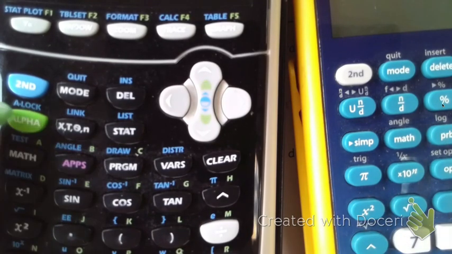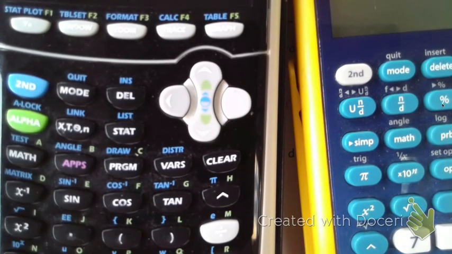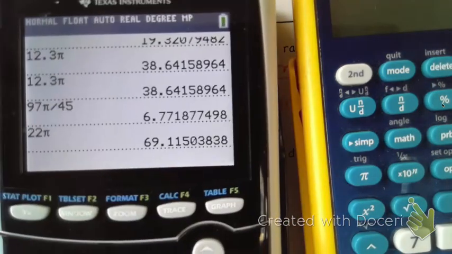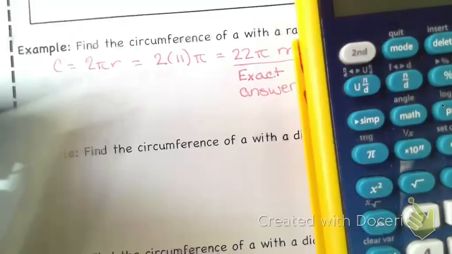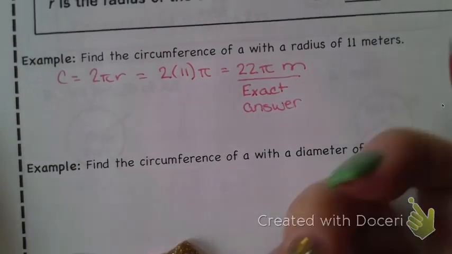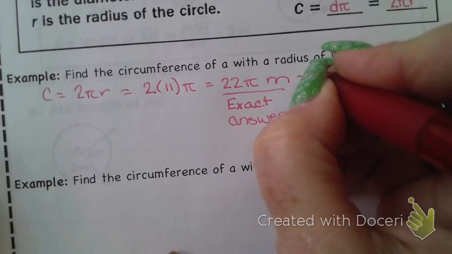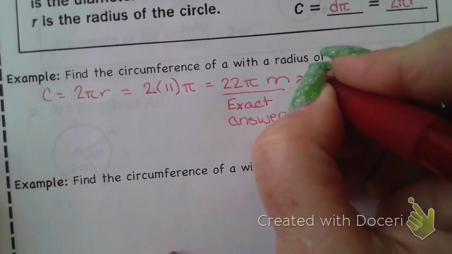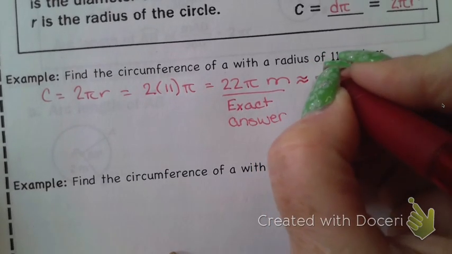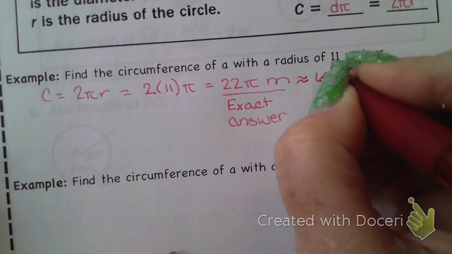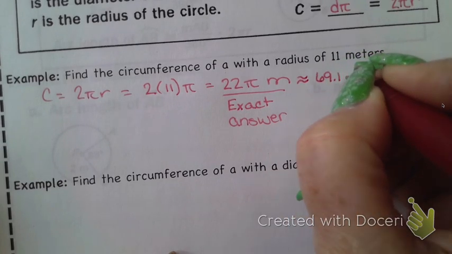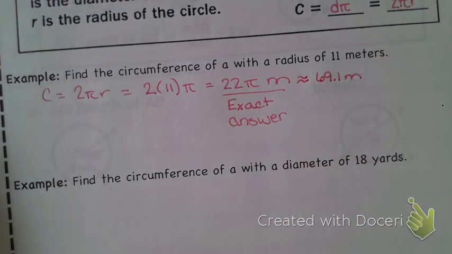So 22, turn it on, 22 pi is approximately 69.1 meters, right? So make sure you put approximately, and your approximates need to look like an approximately, not like an equal. So 69.1 meters. If it says to the nearest hundredth, you need to do it to the nearest hundredth.